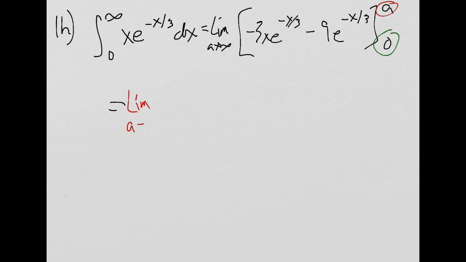Limit as a approaches infinity. Now I'm going to plug in a for all of my x's. So I get minus 3a e to the negative a over 3 minus 9 e to the negative a over 3, close. And now I'm going to do the 0 stuff.